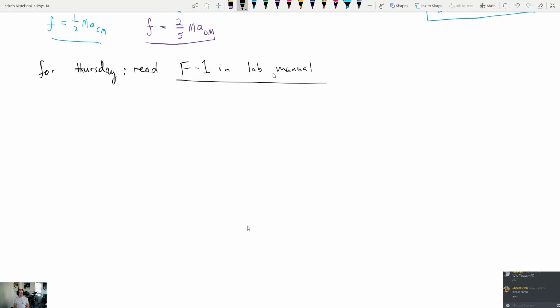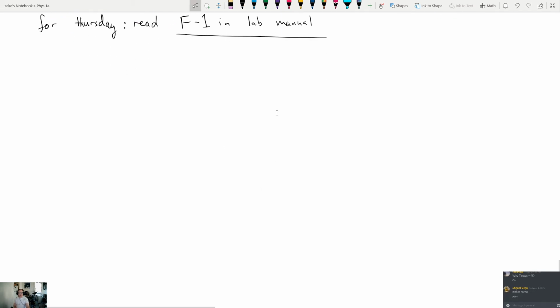It's all about error theory and error propagation, and we're going to discuss that in the second 2 hours of Thursday's class. It's mostly theoretical and mostly just math, but it's part of 1A, and we need to learn it before we're finished here. So for Thursday, read F1 in the lab manual, and we'll talk about it.